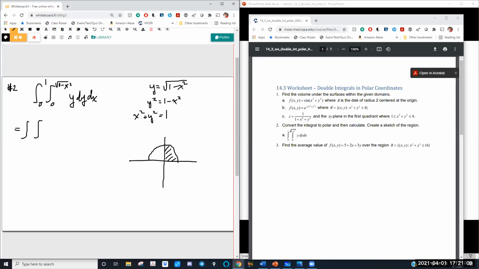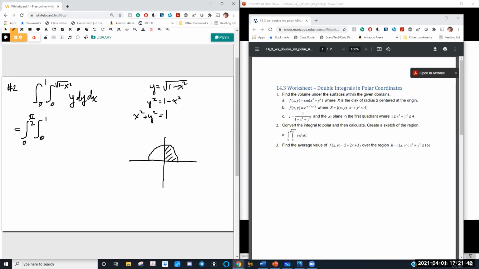So r is going to go from 0 out to the edge of the circle, which is 1. This is 0 to 1, and I'm doing r first. So those are r values. And theta is going to go from 0 up to pi over 2 because we just have the quarter circle. So 0 to pi over 2. Our limits are done. And like I said, guys, we can change the order on these without even really having to worry about it because they're all constants.